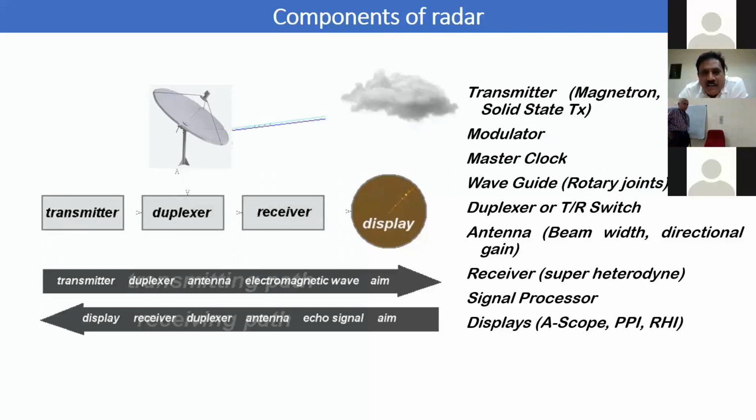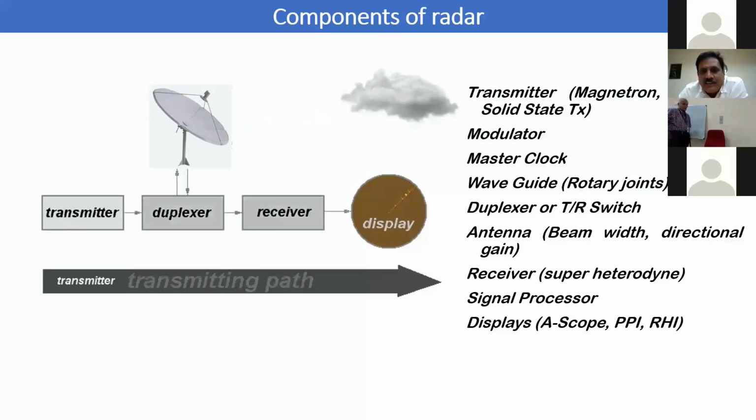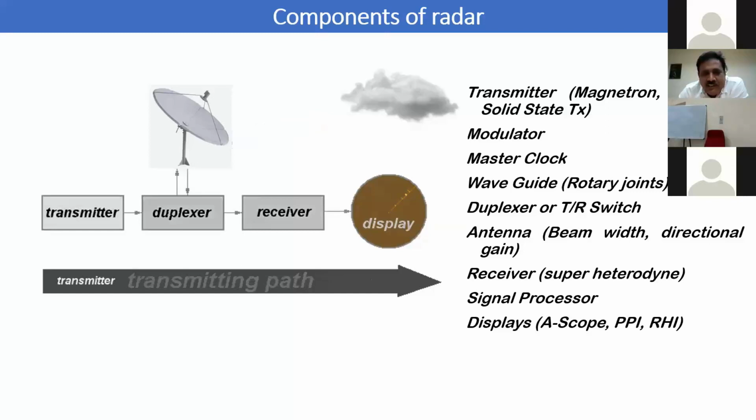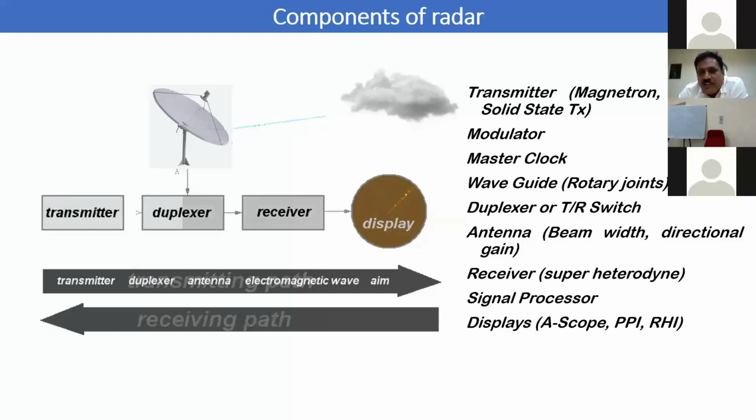Once it interacts with the target, in this case the rainfall, when it interacts with the raindrop, you get a backscatter from the raindrop, and through the duplexer you connect it to the receiver. And then you process the data and display it on the screen. So these are the important components of the radar.